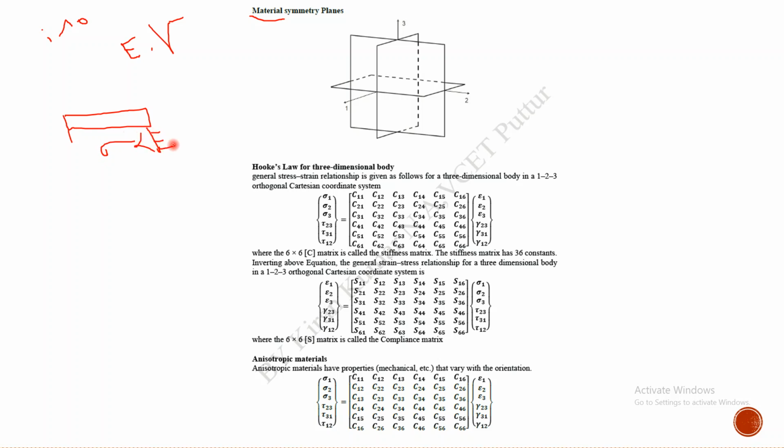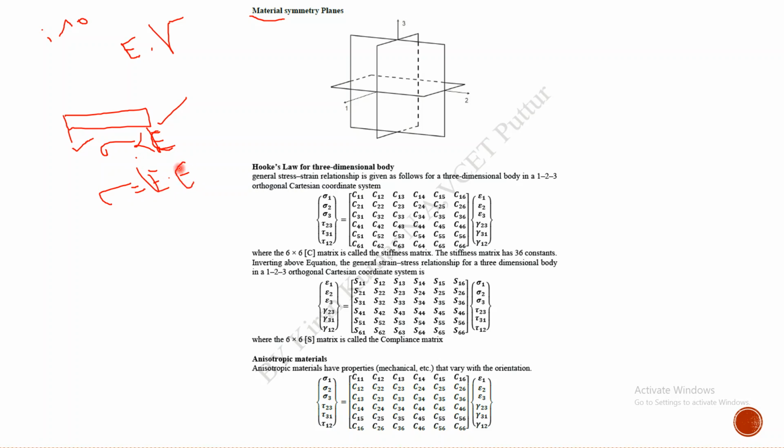Whatever deformation occurs, a proportional amount of stress is generated, with a linear factor: sigma is equal to E into epsilon.